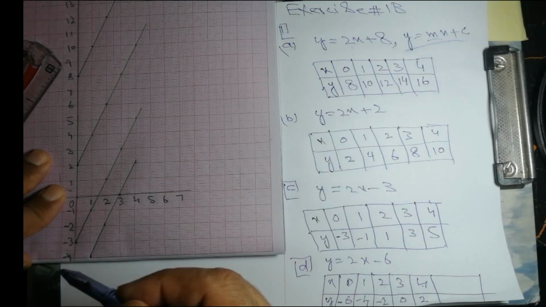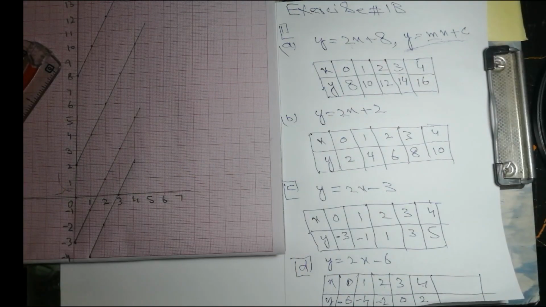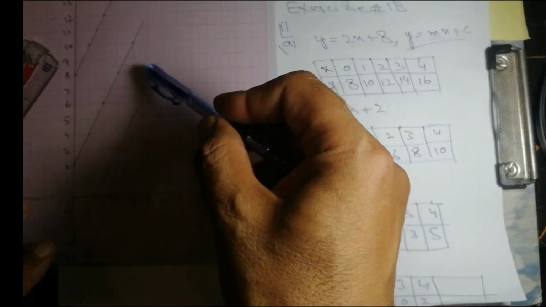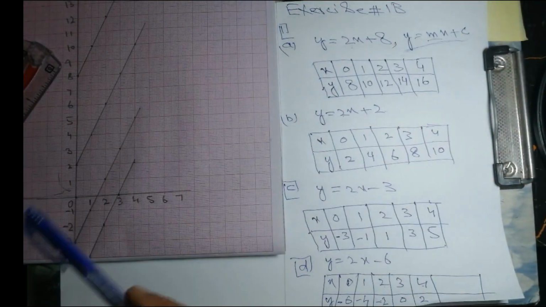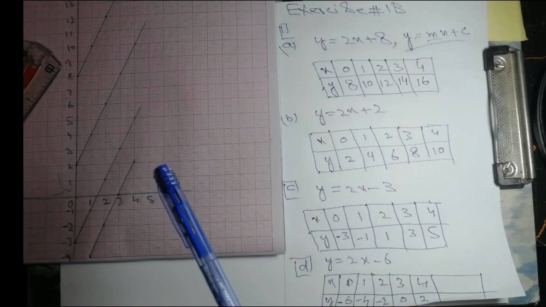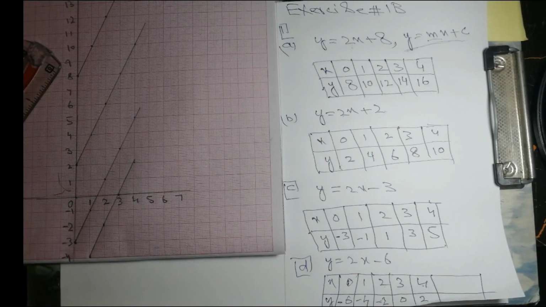If the slope is the same, the lines will be parallel, so no line will intersect another. Whether we extend the lines upward or downward, they will not cross each other at all, because they are parallel lines.